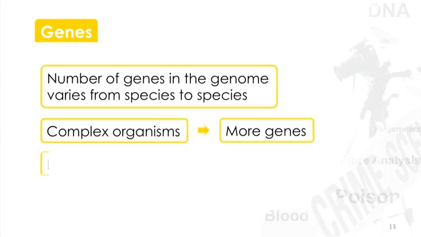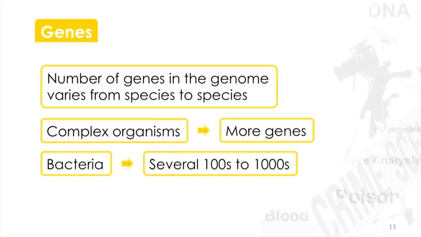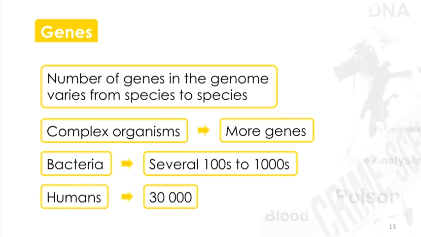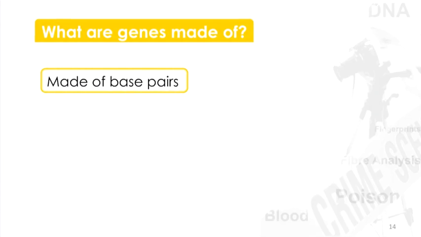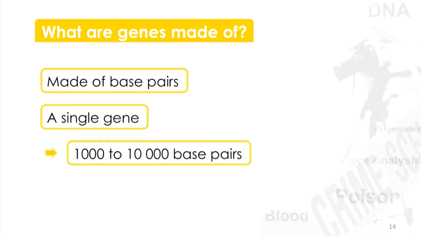So bacteria have a relatively small number, and humans, it's estimated, have somewhere like 30,000. Now, what are genes made of? Genes are made of what are called base pairs, and a single gene will have about 1,000 to 10,000 base pairs.